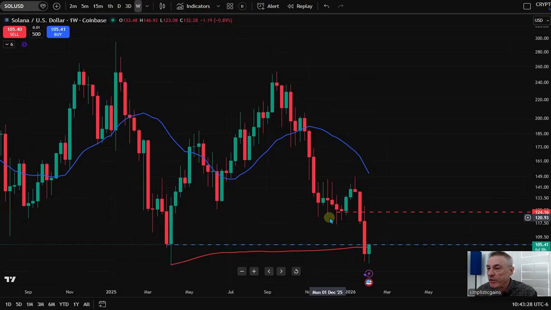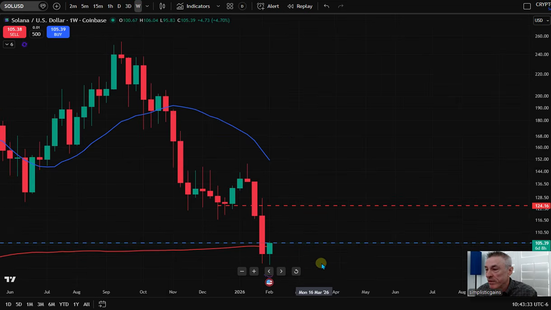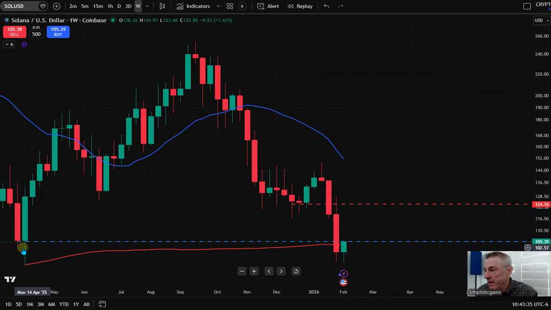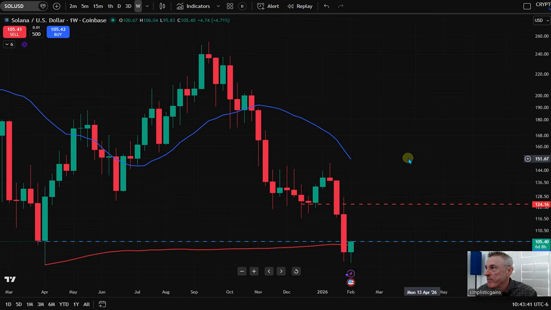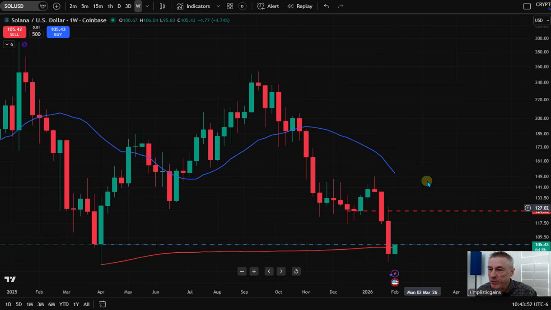So we want to get back up and over the 200, which it's trying to do now. Hopefully that blue line here, previous support, will be support for Solana. And then, of course, all of this support until we broke it is now going to be resistance as we come up here.